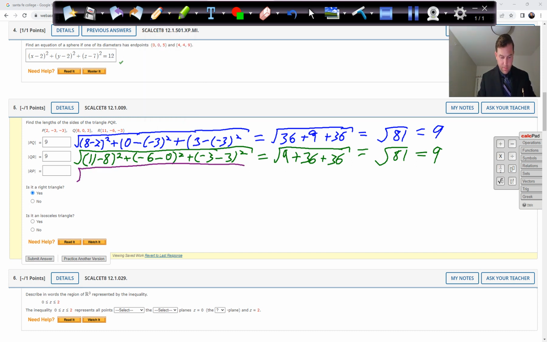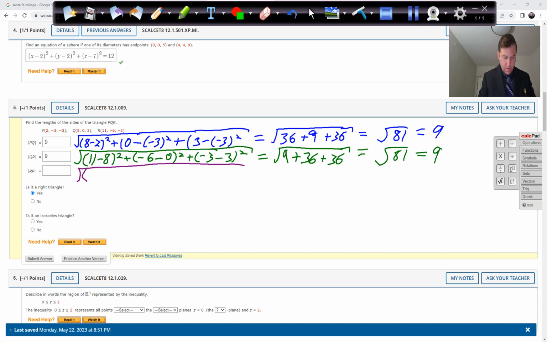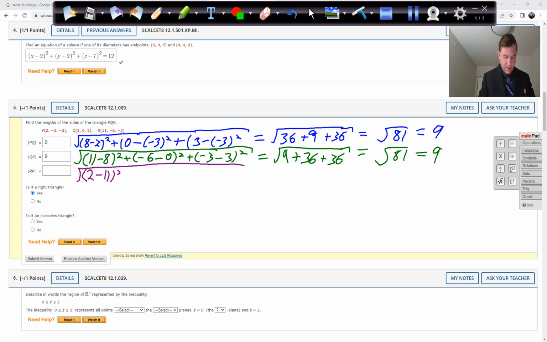RP. P would be 2 minus R, which is 11. Second coordinate of P is minus 3 minus the second coordinate of R, which is minus 6. Make sure you get these minuses right. Plus the third coordinate of P is negative 3 minus the third coordinate of R, which is minus 3.